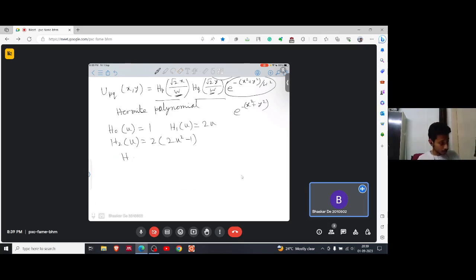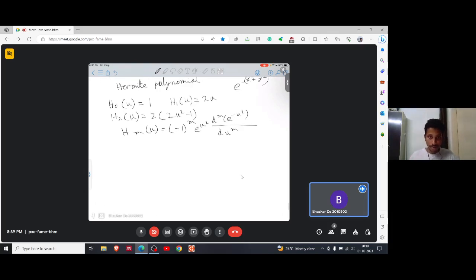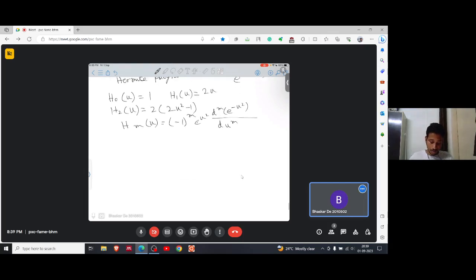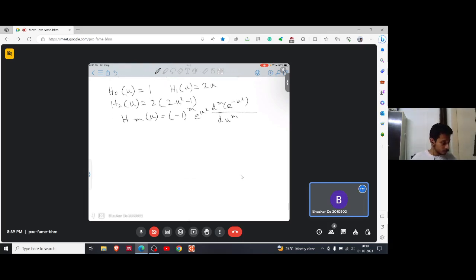I will just write that Hm of u is (-1)^m e^(u²) d^m/du^m of e^(-u²). I don't think this transverse mode is necessary to solve the assignment or any problem in the exam, but it is a necessary concept to know about.